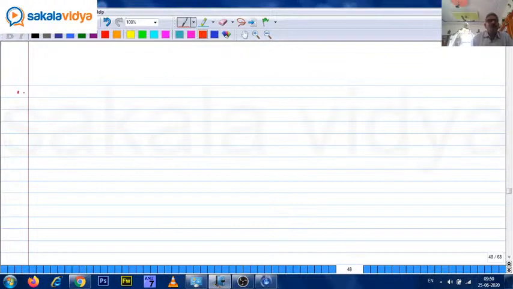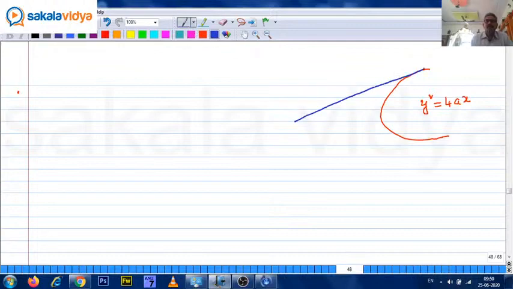So next concept. For example, this is the parabola y square is equal to 4ax. Two tangents are drawn from an external point, say, for example, at P of T1, at P of T2.